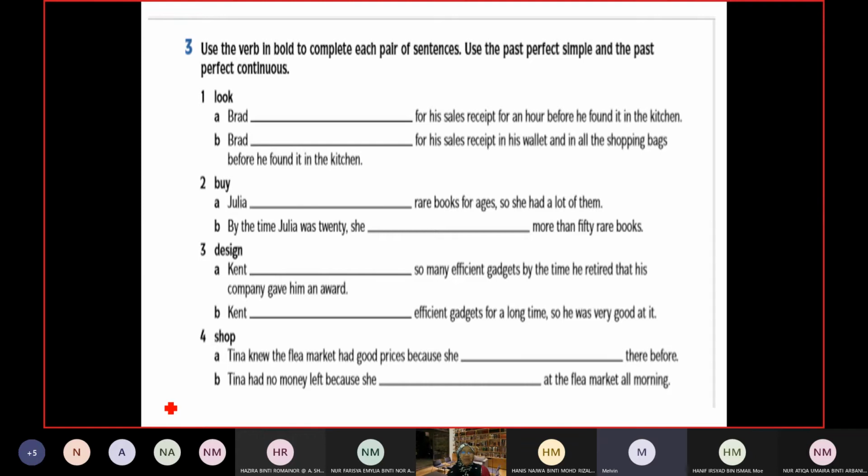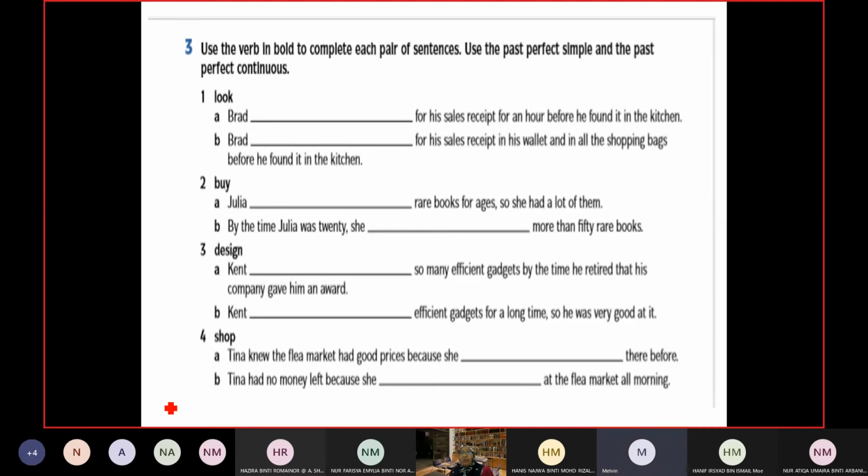All right, what about the second one? Apa beza ayat dia yang tersebut? Brad had been looking for his sales receipt in his wallet and in all the shopping bags before he found it in the kitchen. Okay. So you have to be careful antara A dengan B tu, mana perbuatan yang lama untuk dia mencari.